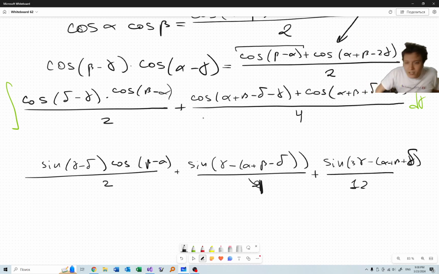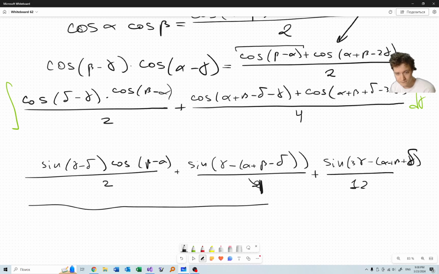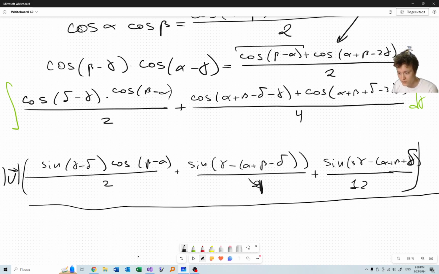Because we have 3 under the sine. Okay, actually this is very simple. So I just need to multiply modulus of some vector v by this nice thing. So this integral is totally okay.